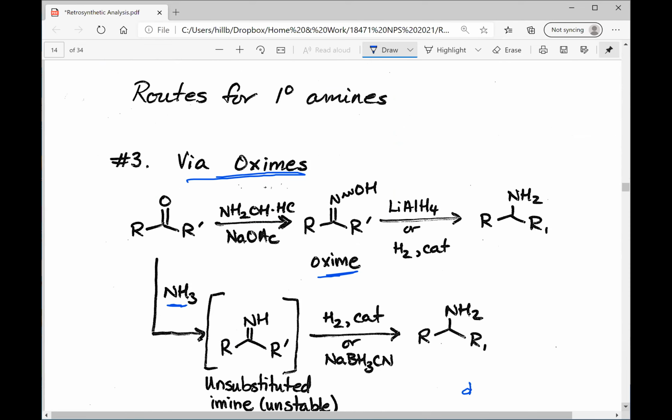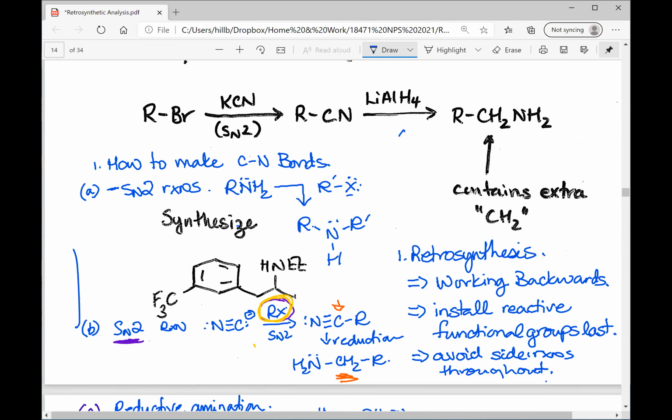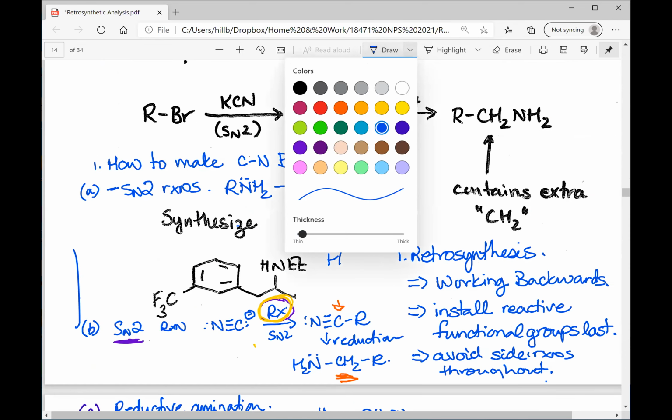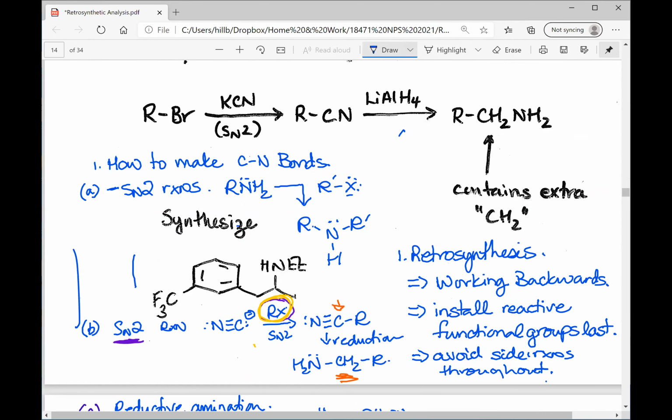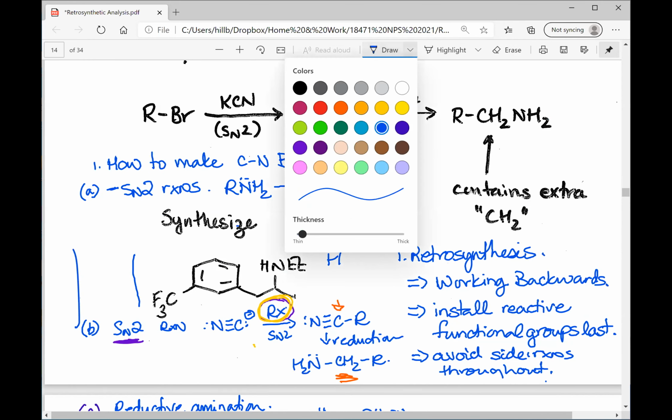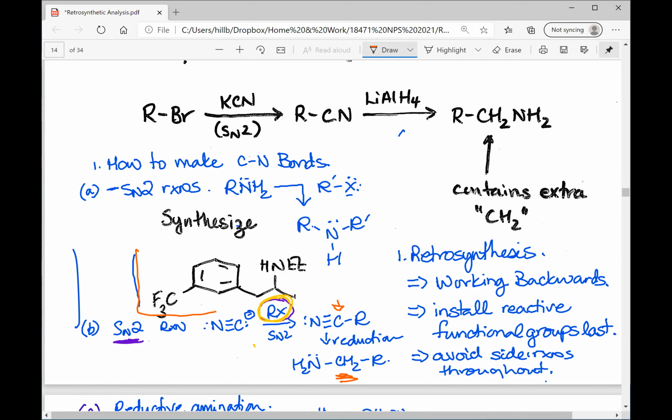And I think the last thing I said we could do was this compound here. To make this, there's a couple of ways you could do it, depending upon where you broke the bonds. Probably the most interesting bond to break would be this one.